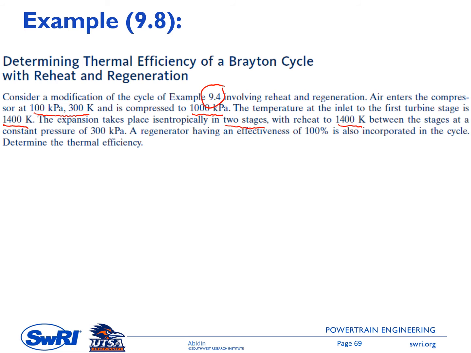Okay, and the intermediate pressure is 300 kilopascal. And in this problem, we can assume that the regenerator effectiveness is 100%. So the question is, what is the thermal efficiency of the system?